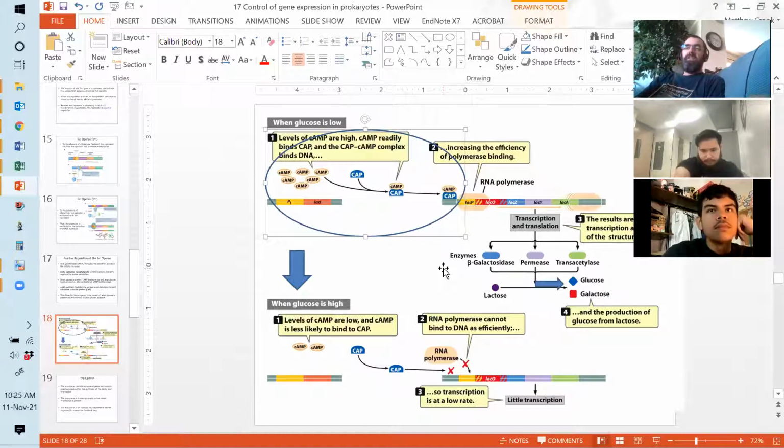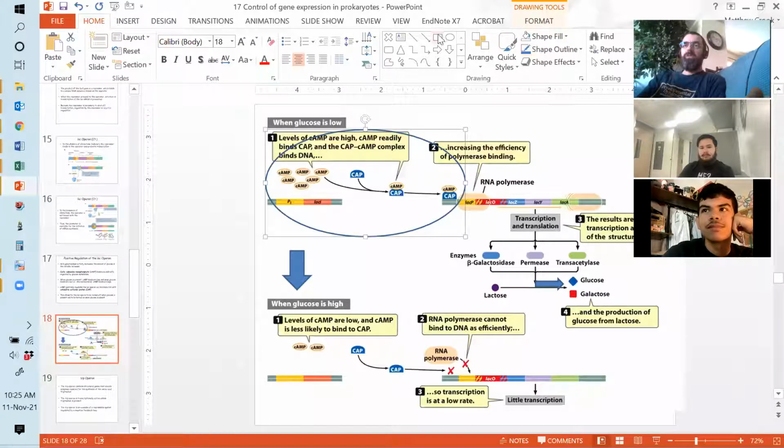Right, so essentially it works as the opposite. When you have little glucose, this works really well. You've got lots of cyclic AMP, you've got lots of the catabolite activator protein, so you get lots of transcription of the lac operon. And so if you think about it in terms of the context, right?